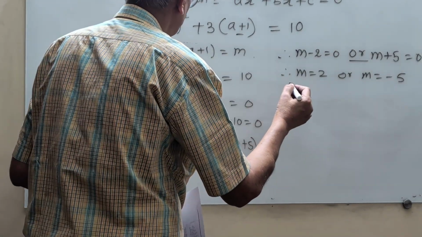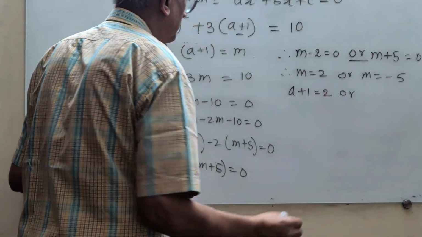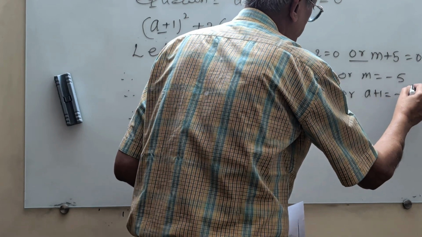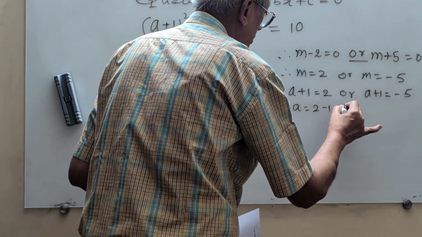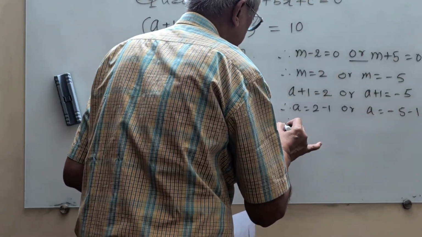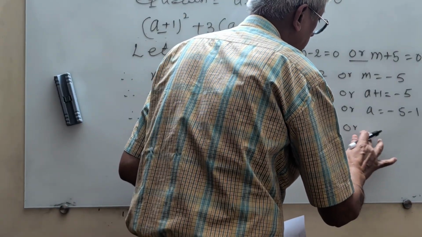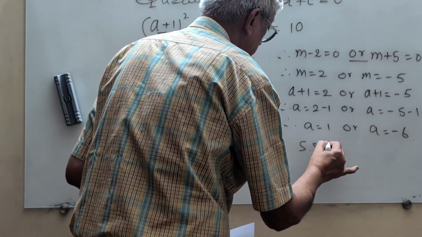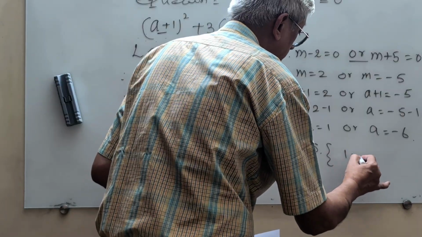Resubstituting, a plus 1 is equal to 2 or a plus 1 is equal to minus 5. Therefore a is equal to 2 minus 1 or a is equal to minus 5 minus 1. Therefore a is equal to 1 or a is equal to minus 6. The solution set will be a is equal to 1, comma minus 6.